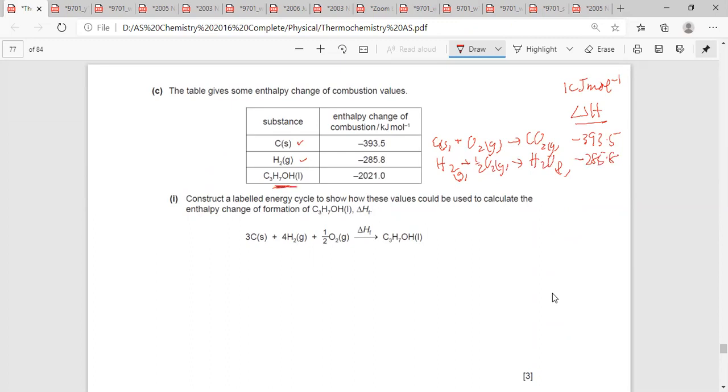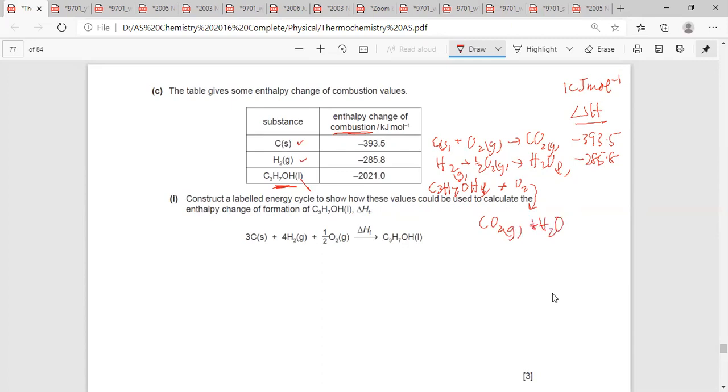Now this is a propanol, don't care which formula it is. C3H7OH liquid, they put liquid here for you, plus O2. Now balance yourself first. Give you carbon dioxide, remember complete combustion, fully combusted gas, plus, of course, your H2O.